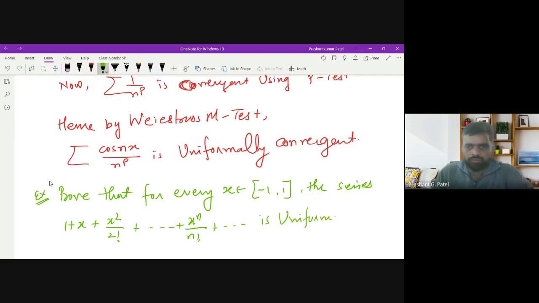And probably you know that this is a very well known series. It's the series of e power x. Here for every x in this interval, we have to prove that this is convergent.